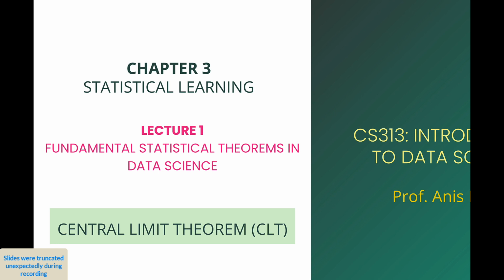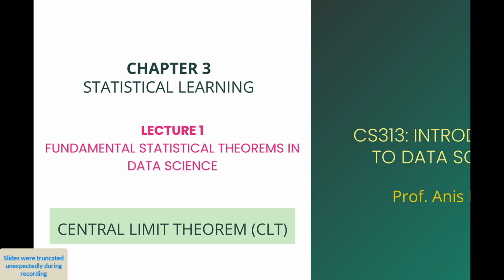Okay, so today we are going to continue chapter 3 about statistical learning, and this is the continuation of the first lecture in this chapter, Fundamental Statistical Theorems in Data Science. And yesterday we have covered the Bayes Theorem, which is a fundamental theorem in data science, and also we've covered the law of large numbers, and we have demonstrated that when the sample size increases and tends to infinity, the sample mean converges to the population mean, okay?